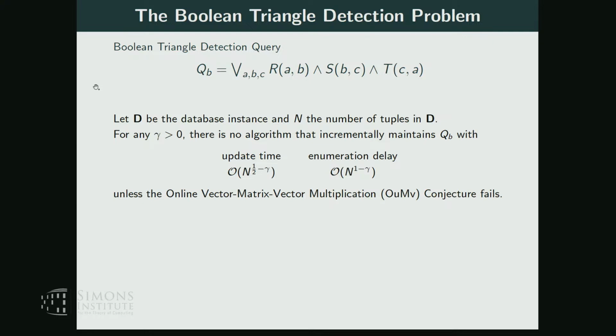In particular, the question remains whether we can have an algorithm that achieves O of n to 1/2, because going below is not possible, and the enumeration delay in this case can be linear. What does the enumeration delay mean? It just means getting the answer. Answer time. Yeah, you want to get the answer.